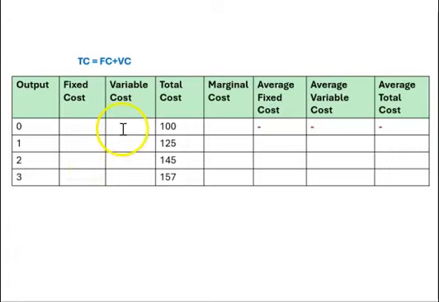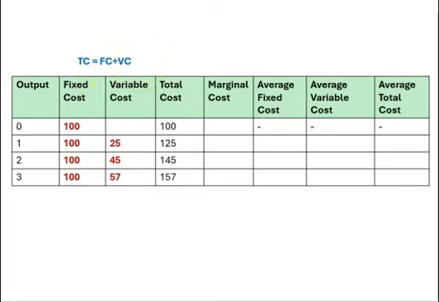So in this case, there is no variable cost, there is only fixed cost, which is 100. And fixed costs do not change as output changes, so it becomes 100 everywhere. Meaning that our variable cost will be 25, 45, and 57, because total cost equals fixed cost plus variable cost.